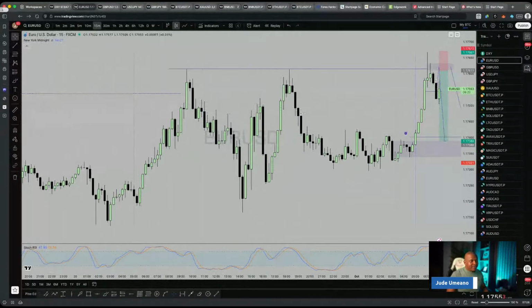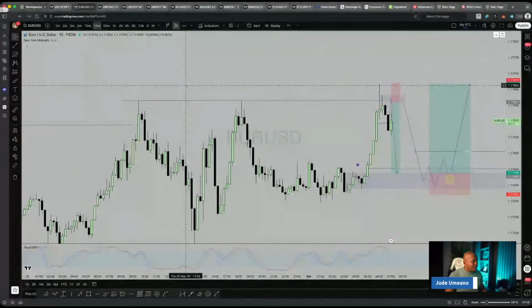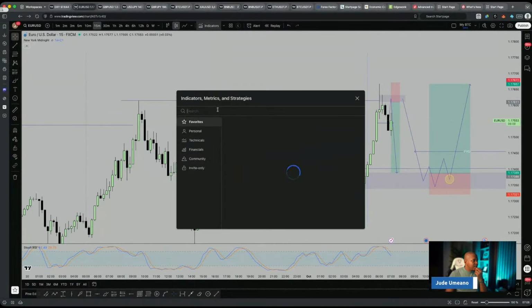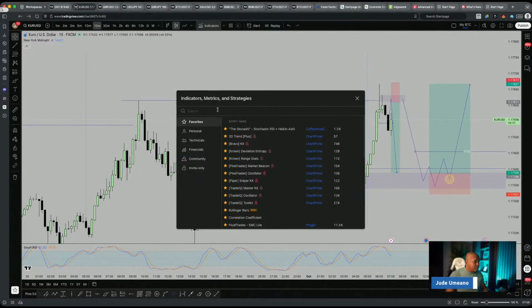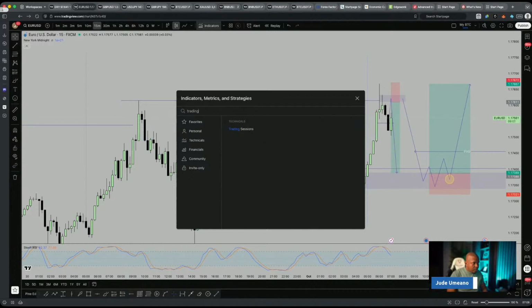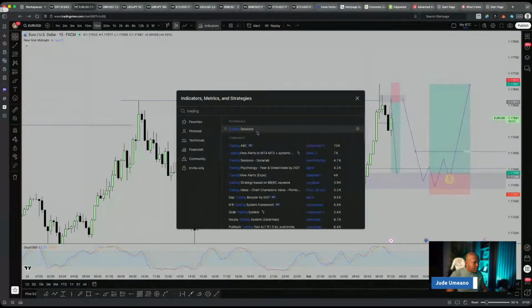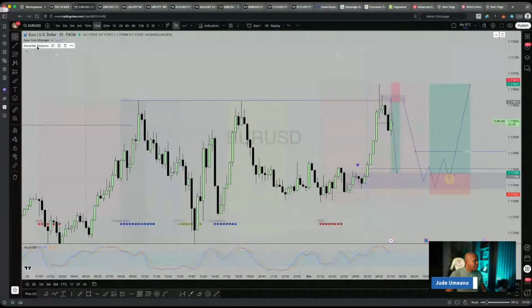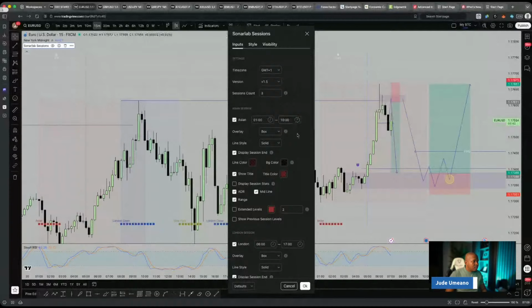My chart had a reset. I don't know why, and my indicators went out. So let me just bring it back. I can't say why that happened. I use an indicator called trading session by Sonadab. It just went out. You know, I must have pressed something. Okay, I brought it back, but I have to now do some resets here.